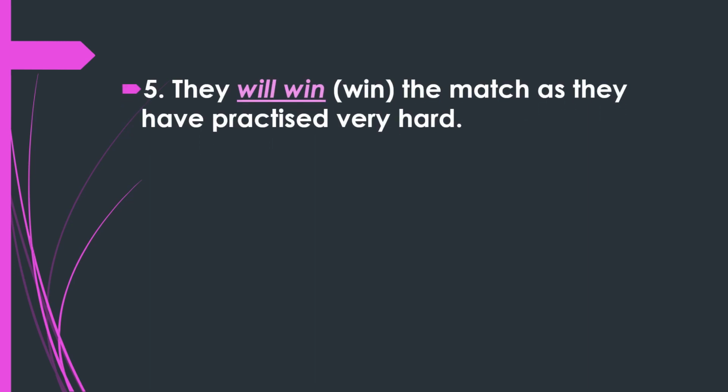The fifth sentence given to us is they dash the match as they have practiced very hard. Here the verb given is win. So we have to add will before the verb and make it will win. So the sentence in the future tense becomes they will win the match as they have practiced very hard.